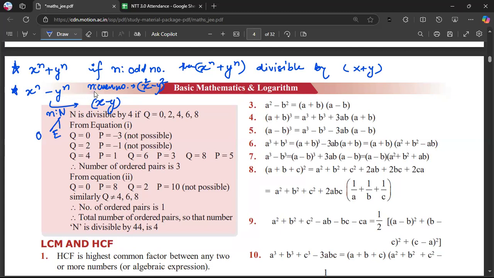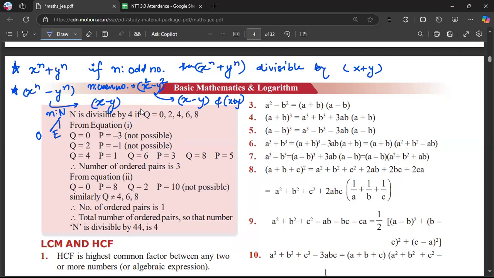And if particularly given that n is an even number, then x raised to power n minus y raised to power n will be divisible by both x minus y and also x plus y. So I have written it like this. Otherwise, you can also write it like this, that this given expression will be divisible by x minus y and as well as x plus y. Understood? Yes, sir.